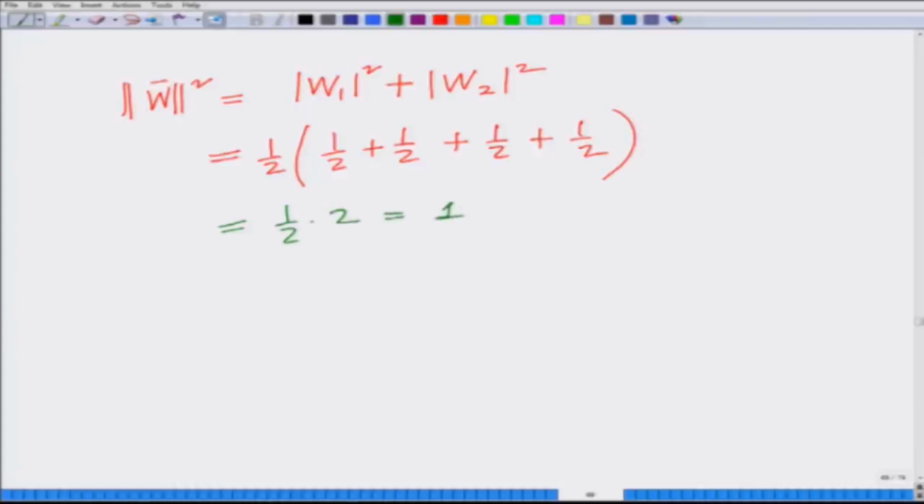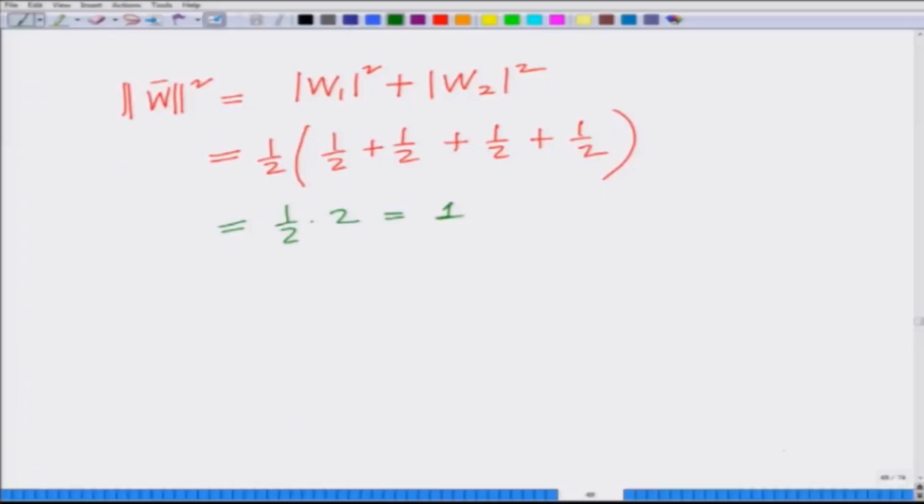That is what we expect, because when we considered w bar equals h bar divided by norm of h bar, we had already normalized w bar to unit magnitude, and therefore norm of w bar square is equal to 1.